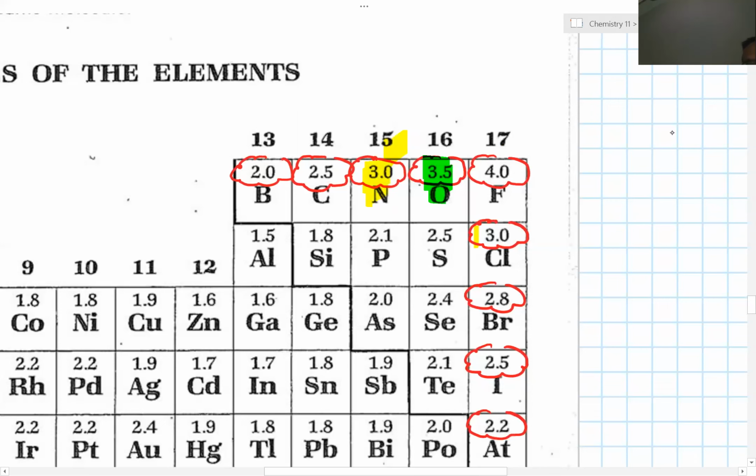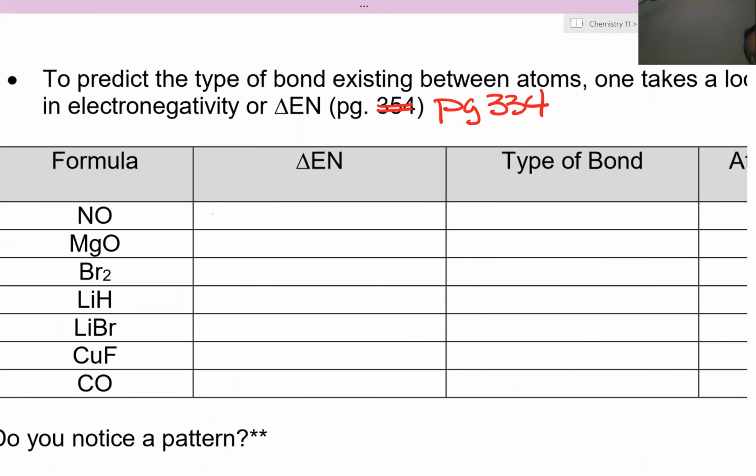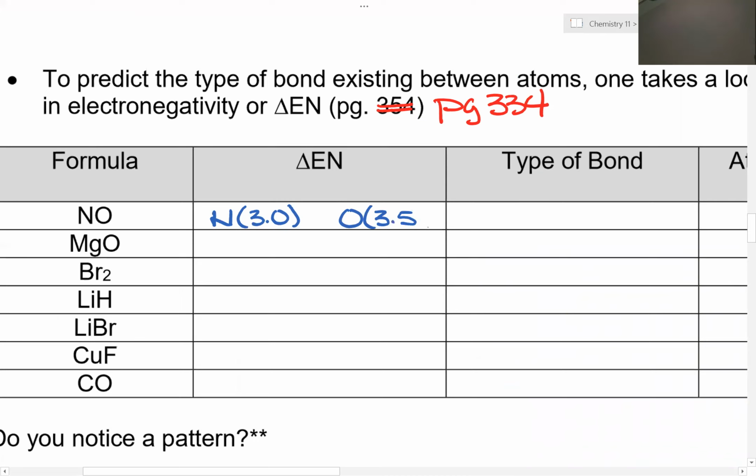So if we look at the difference, nitrogen is 3.0 and oxygen is 3.5. The difference here is, let me just write this, 3.0 minus 3.5. The answer is 0.5.